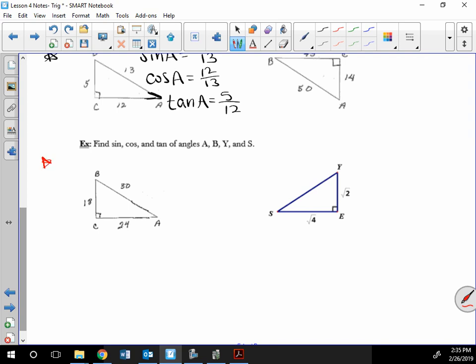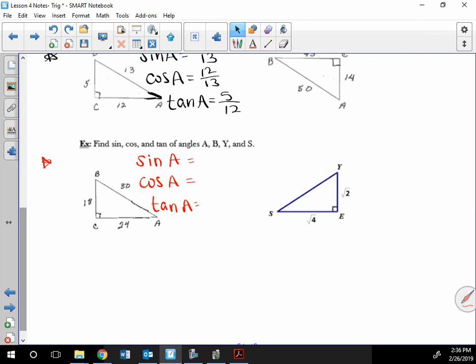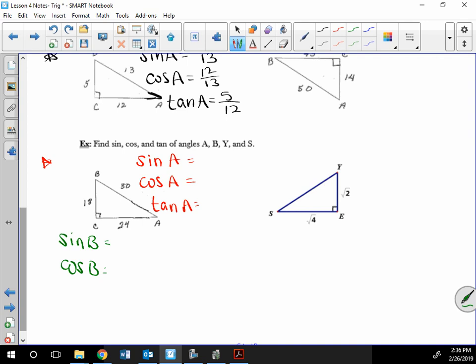And let's together go ahead and find sine of angle A, cosine of angle A, and tangent of angle A. And then we're going to compare that to what we get for sine of angle B, cosine of angle B, and tangent of angle B. Okay, so again, sine, cosine, and tangent, we are only using on our right triangles. In other triangles, we don't even have a hypotenuse. We have to have a right triangle.